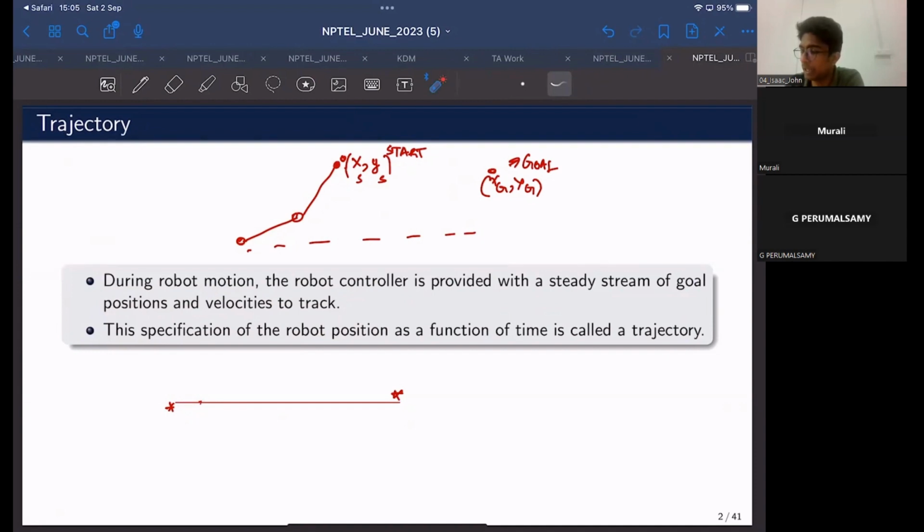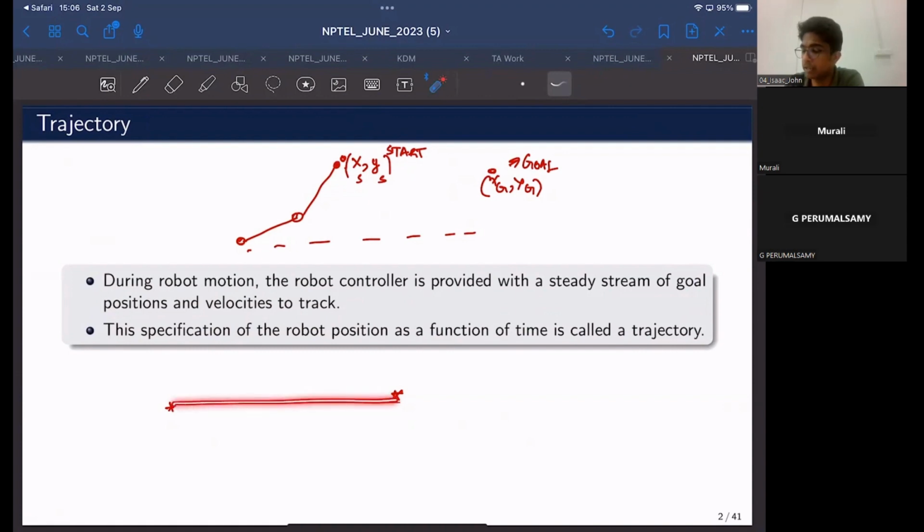So again, to emphasize trajectory, the specification of a robot's position as a function of time is called a trajectory. If you are not concerned with time, if you are only interested in the robot's motion between the initial and final position, and you are not worried about the time it takes to traverse from a start position to the goal position, that is basically called a path or a route.